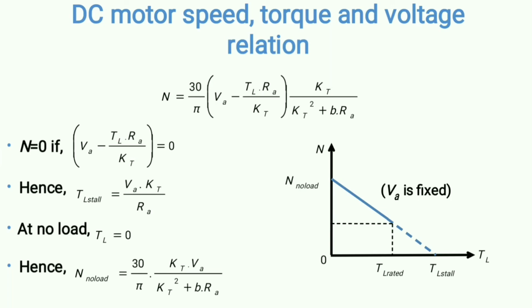So whatever input power the motor is taking, that entire power will be met by the loss itself, okay. So loss means the heating loss, or maybe the noise, or maybe the light energy, heat energy, sound energy, like that. So there will be some vibration, there will be noise, okay.